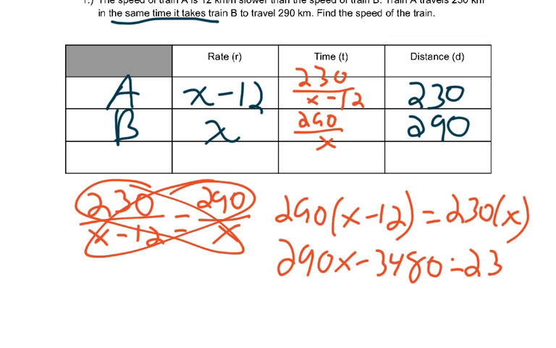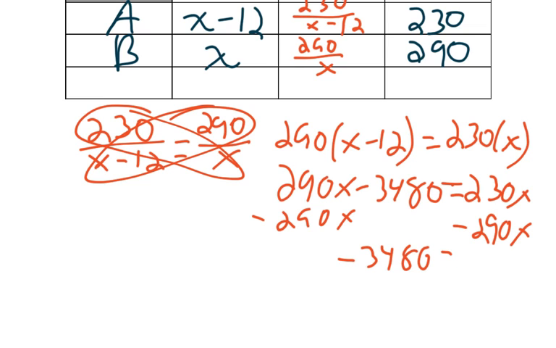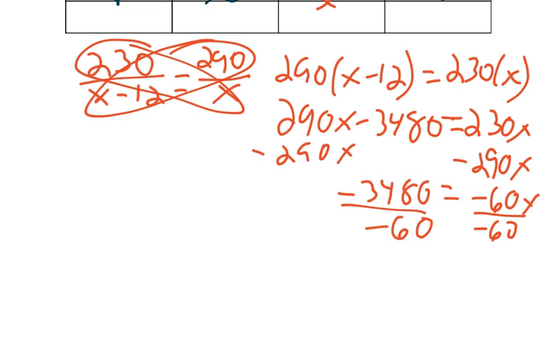Equals 230x. Now bring all the x's to one side. So let's subtract 290x, subtract 290x, and we get negative 3480 equals negative 60x. Divide both sides by negative 60, and we get that x is equal to 58.